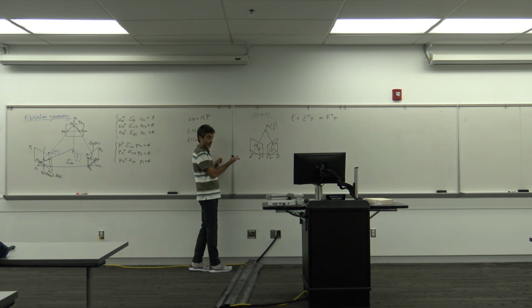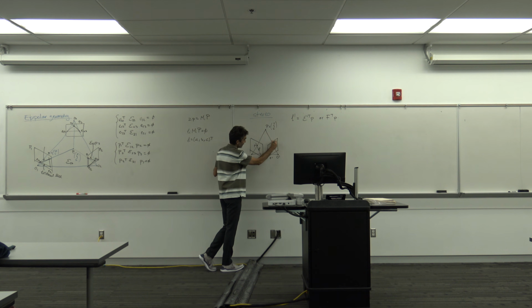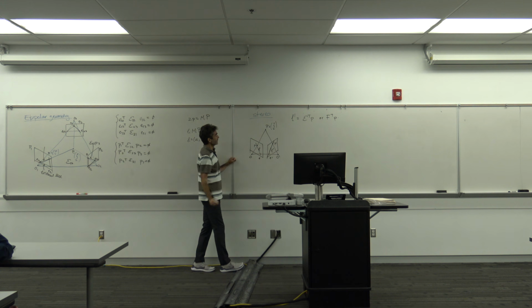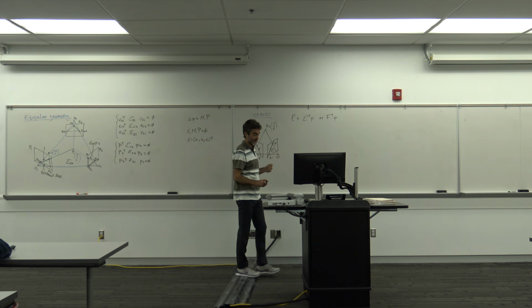Well, this is where the epipolar line comes in handy. I start at this point P in my image, and I know, because of epipolar geometry, that my P prime can only be one of the pixels on this line. Only one of these pixels may correspond to my P. How am I going to find it?